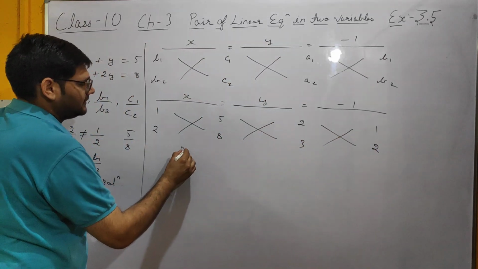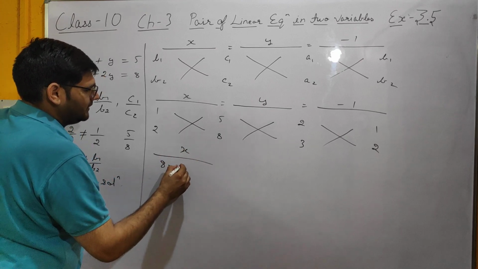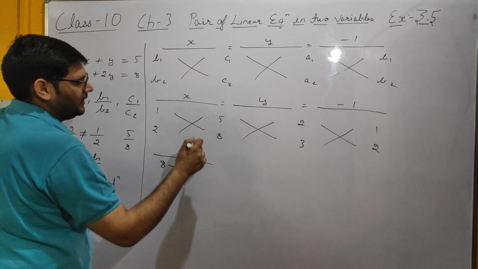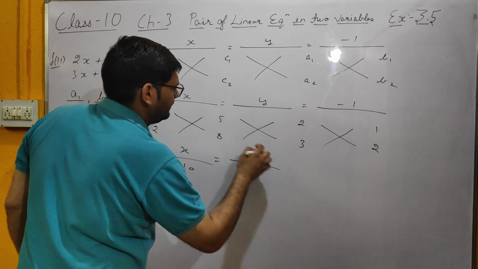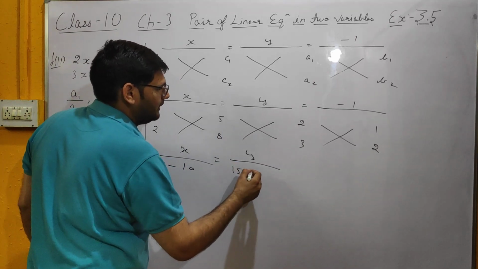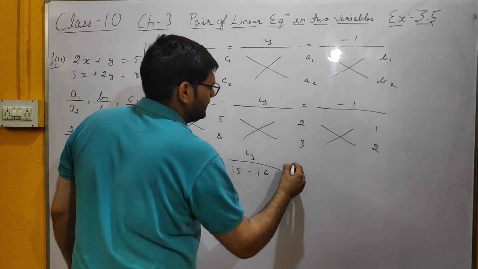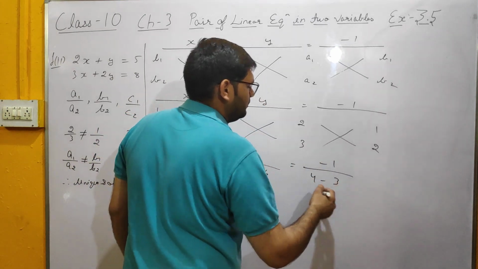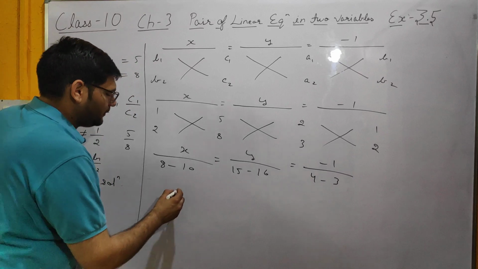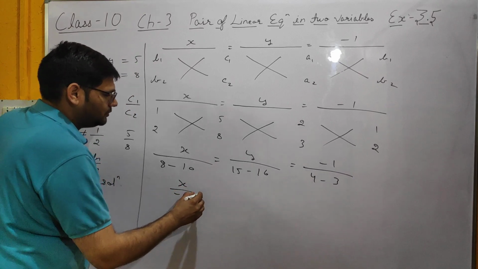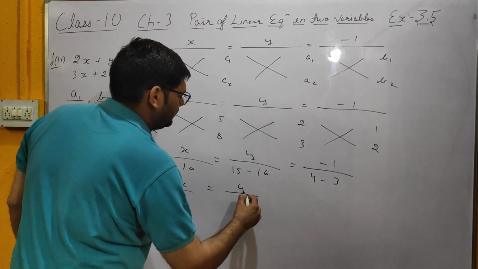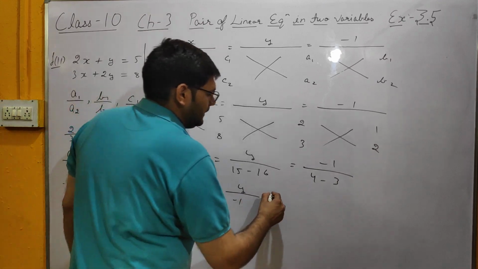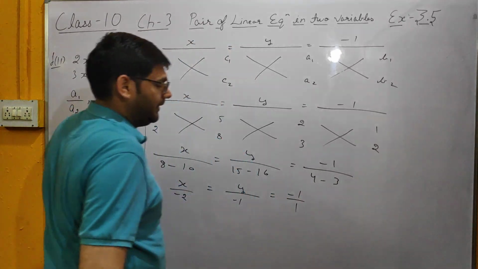Let's find the answers. 8 minus 10, equals y by 5 3s are 15 minus 8 2s are 16, equals minus 1 upon 2 2s are 4 minus 3 1s are 3. So x upon minus 2 equals y upon minus 1 equals minus 1 upon 1.